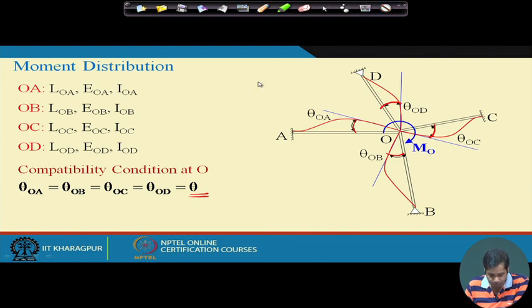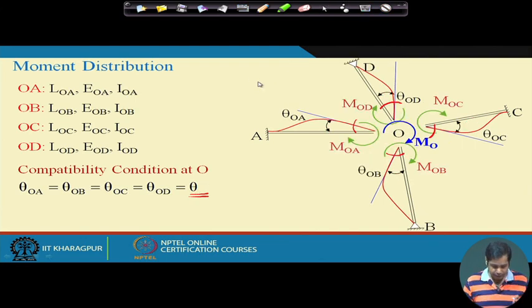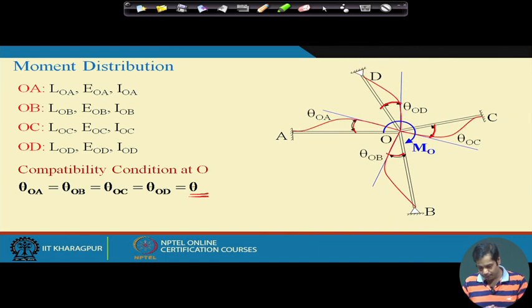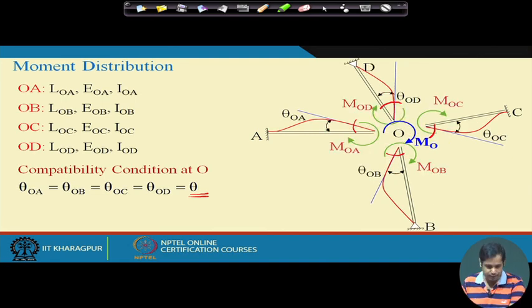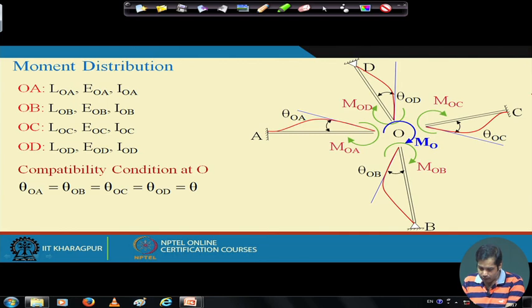Now, suppose we take all these members separately and treat them separately. Okay. So, these are all separate members. Now, this is the concentrated moment applied at O, and suppose this one, MOC, is the moment in OC.